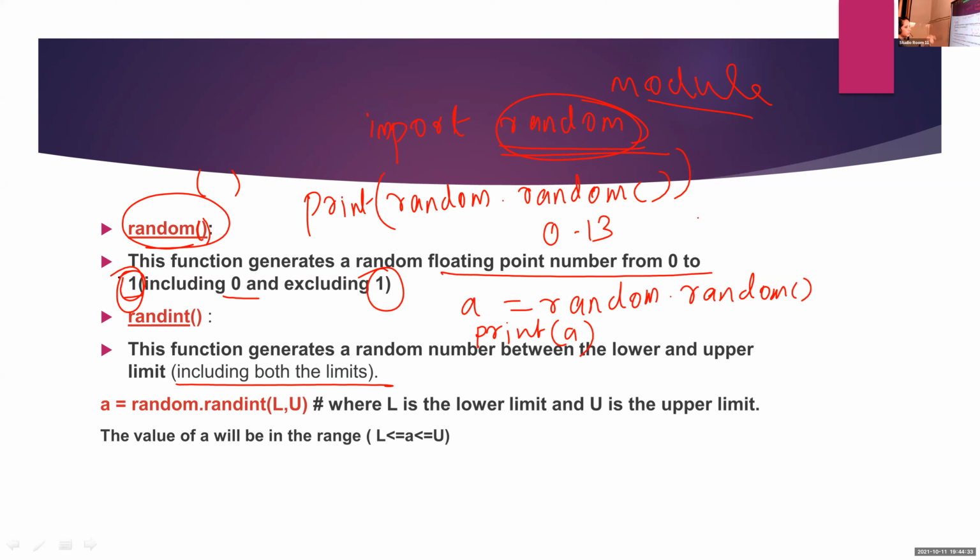That is, 0.0 is valid, but 1 or 1.0 is invalid in the case of random. But in the case of randint, it will generate a random number between the lower and upper limit. Here we are using 2 parameters, including both the limits, that is, including upper limit and lower limit.